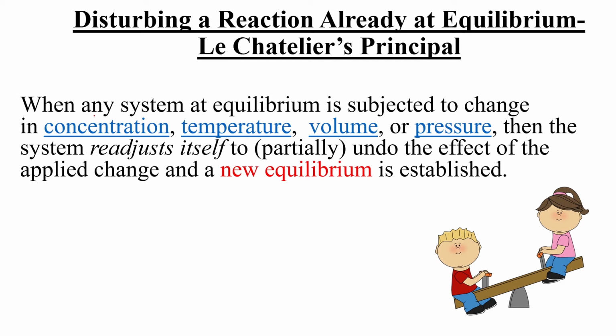The principle is that when any system at equilibrium is subjected to change in concentration, temperature, volume, or pressure, then the system readjusts itself to partially undo the effect of the applied change and a new equilibrium is established. So we will see in next few slides how a system readjusts itself to partially undo the effect of the change.